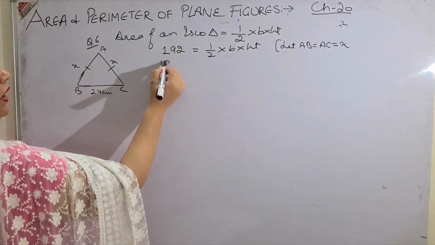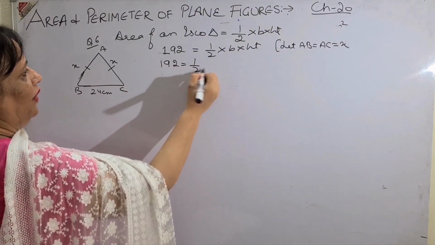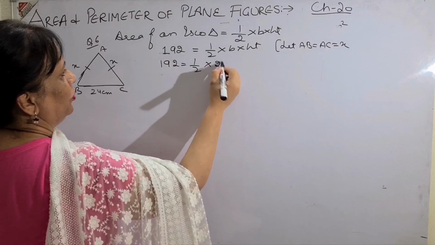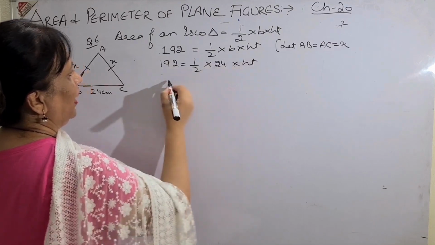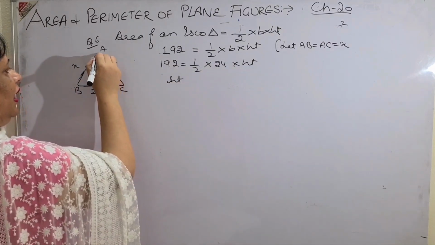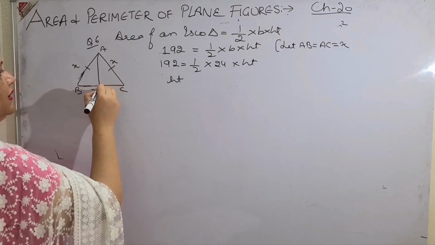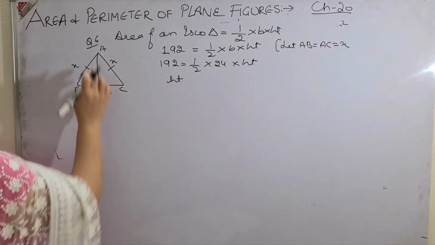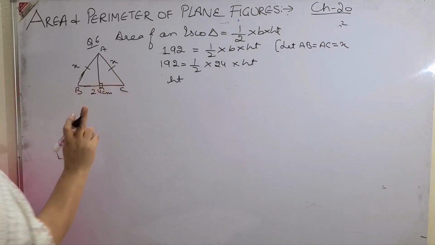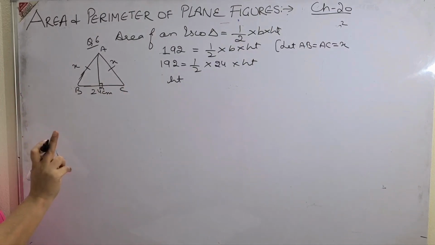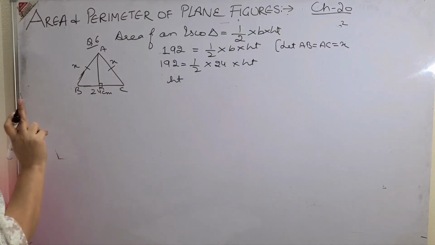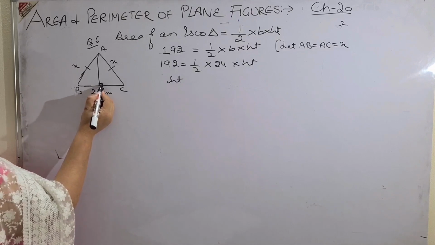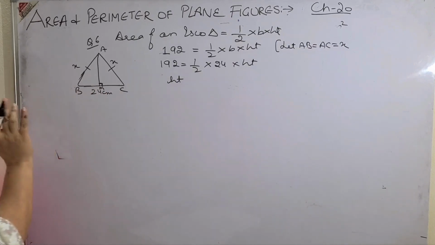Now 192 is equal to half into base, which is given to be 24, into height. So I think we can find the height. Let AM be the height. This is perpendicular, right? Please don't take AC as height. AC is not height. Height means a perpendicular, a line which makes a 90-degree angle at the opposite side, and it is also bisecting.